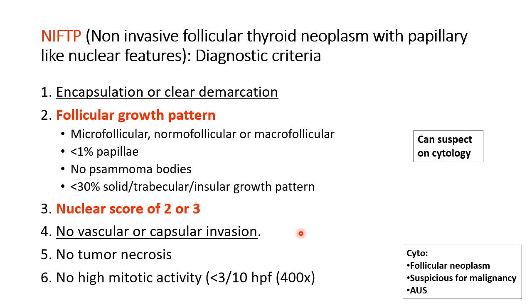So definitive diagnosis is given on HPE, but we can suspect it on cytology, and usually these NIFTP lesions will be categorized into any of these three categories depending upon the amount of nuclear and architectural abnormalities. It can be categorized as follicular neoplasm, suspicious for malignancy, or atypia of undetermined significance.